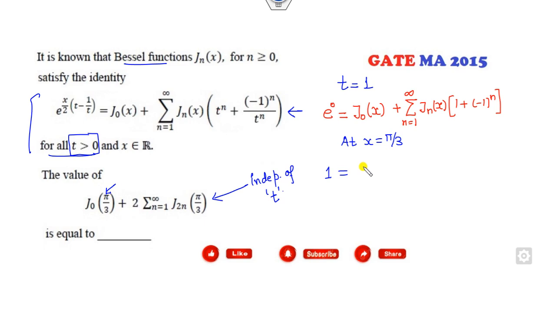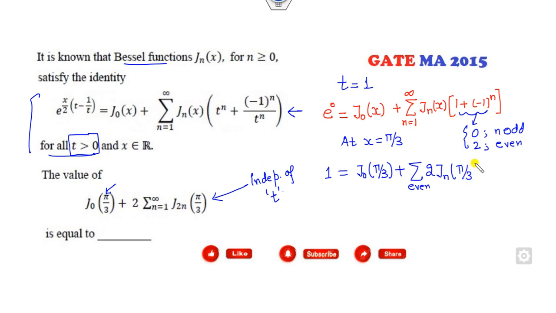It is 1, which is J0(pi/3), and clearly this value becomes 0 if n is odd, and it is 2 when n is even. So I can simply take n as an even number. It will be twice Jn at pi/3, and you can see it is the same as this. So what is the answer of this? The answer is 1. Always read the statement carefully, and whichever values you don't require, substitute the value as simply as you can.